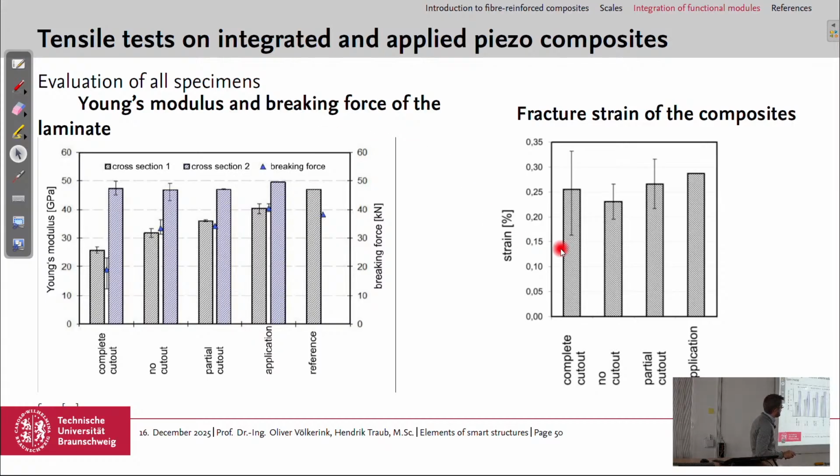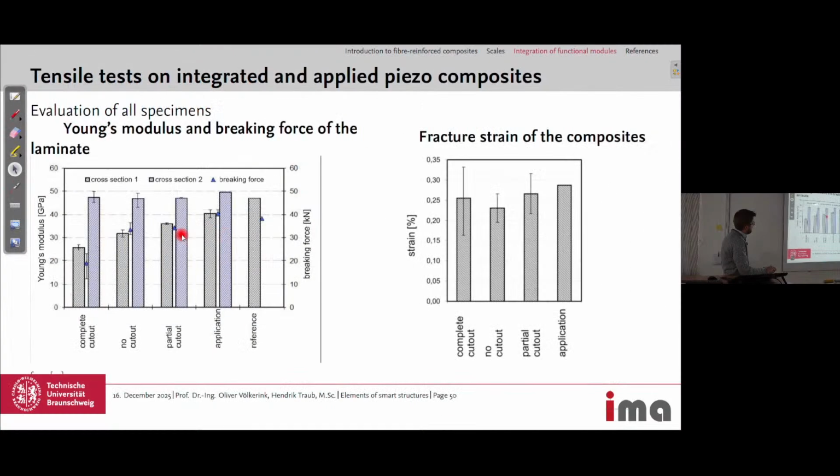And here are also the breaking forces, or the fracture forces indicated, which are also the highest for the partial cutout, but comparable to the one without any cutout at all. And for completion also the failure strain.